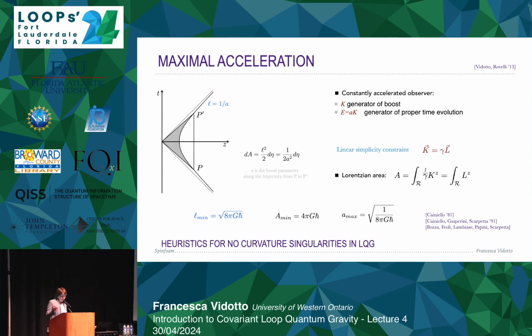Now, we have learned that the dynamics of GR is given by this relation between boosts and rotations. So proportionality between the K and the L through gamma. So the L, remember, are associated with areas.